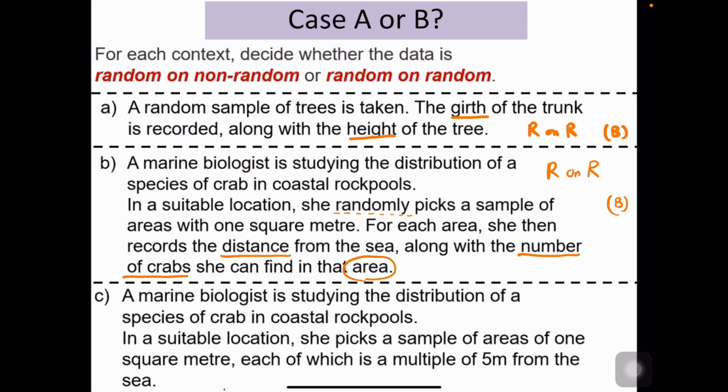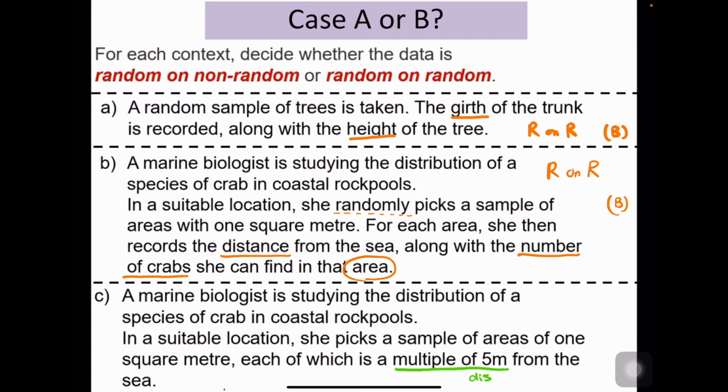So we can see that the second example has been slightly adjusted, and she's still investigating the number of crabs in a particular area, but it says here she picks a sample of areas of 1 square meter, each of which is a multiple of 5 meters from the sea.